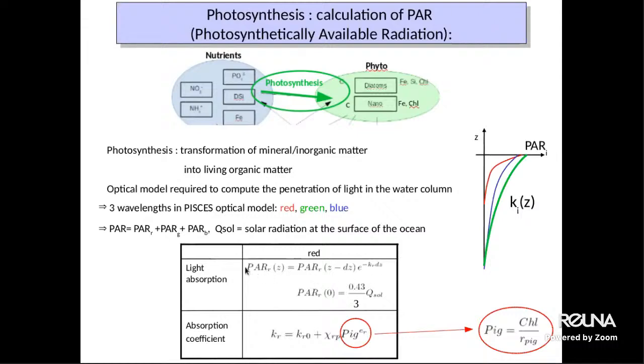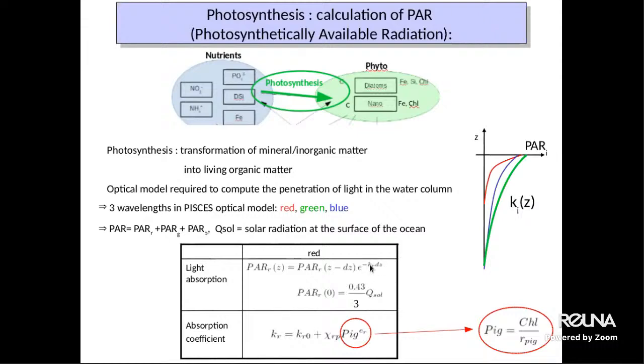Here in this equation, you can see that PAR at the depth z depends on the PAR at the depth z minus dz, so at a depth closer to the surface, times an exponential coefficient. So this is times dz here. So you see that this term corresponds to an absorption.